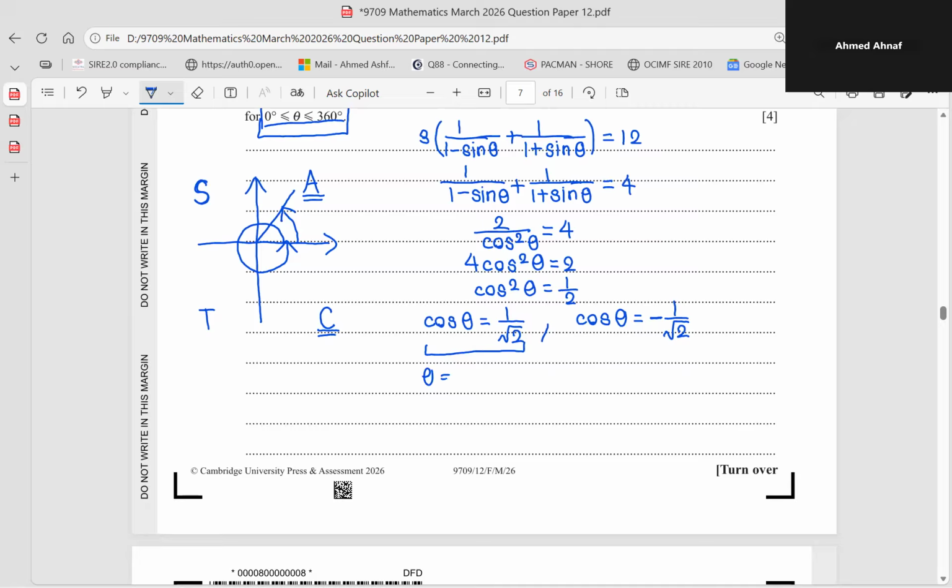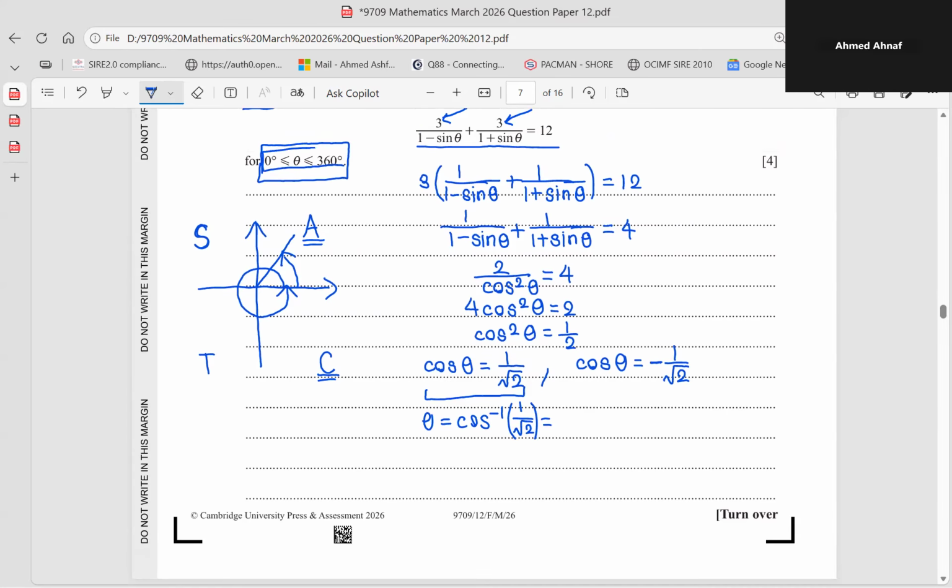So theta is cosine inverse of 1 over square root 2. Since our domain is given in degrees, you must express your answer in degrees, so set your calculator to degree mode. We get a very perfect answer, which is 45 degrees.